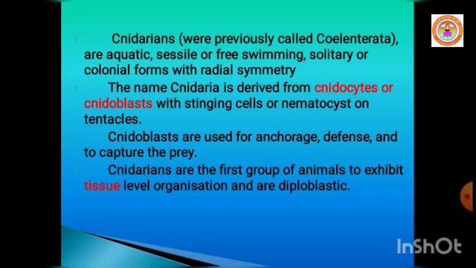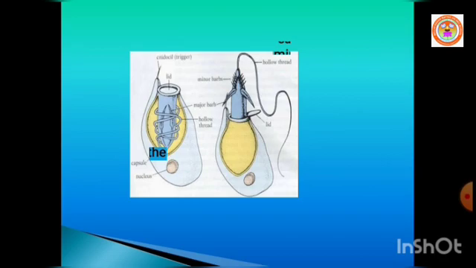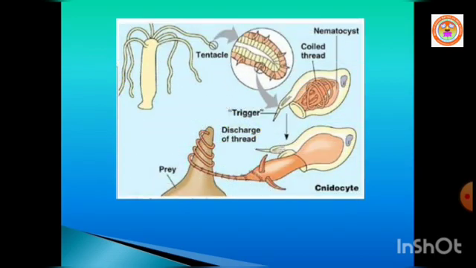The name Cnidaria is derived from cnidocytes or cnidoblasts, the stinging cells. The stinging cells are also known as nematocysts, which are found on the tentacles of cnidarians. Cnidoblasts are used for anchorage, defense, and to capture the prey.